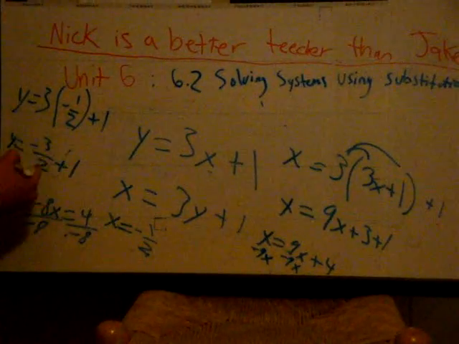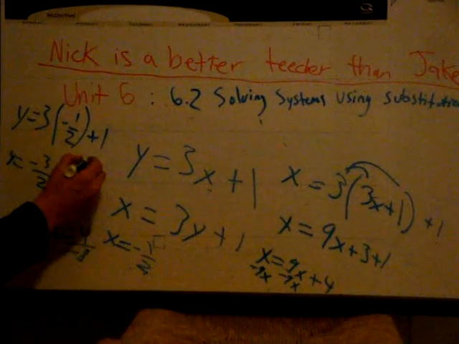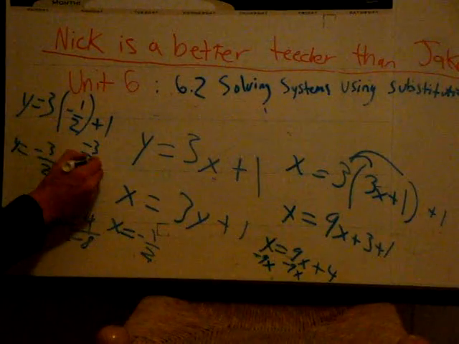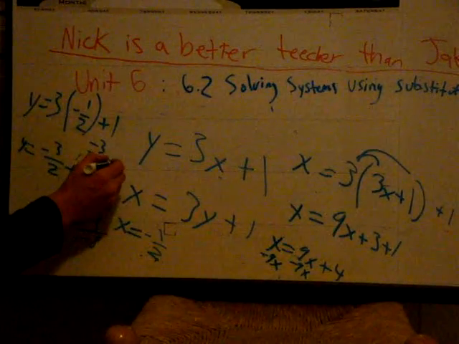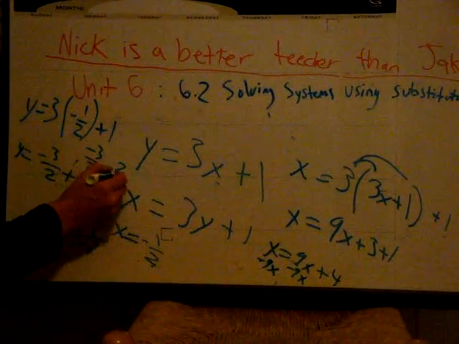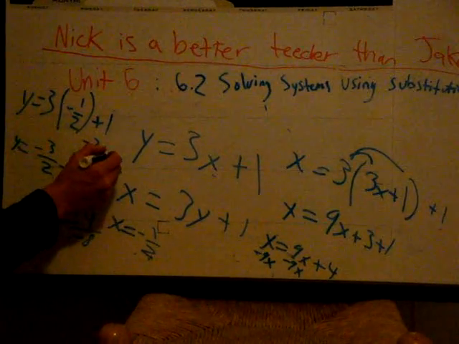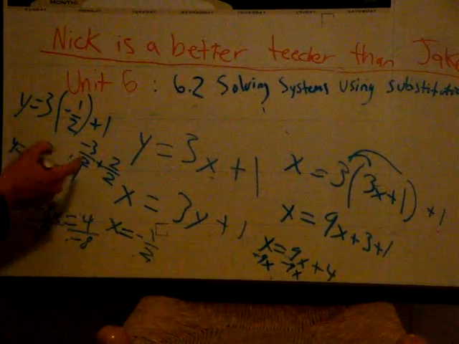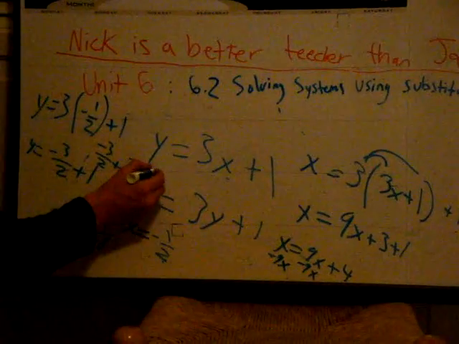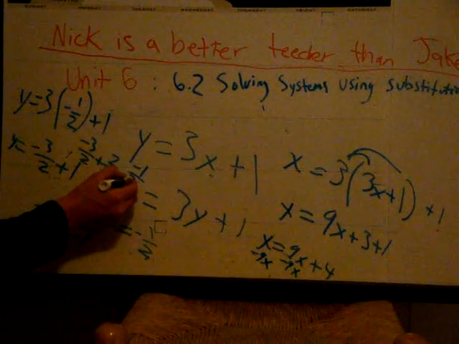And then we add these together, which is the same as negative 3 over 2 plus 2 over 2, which would give us negative 1 over 2.